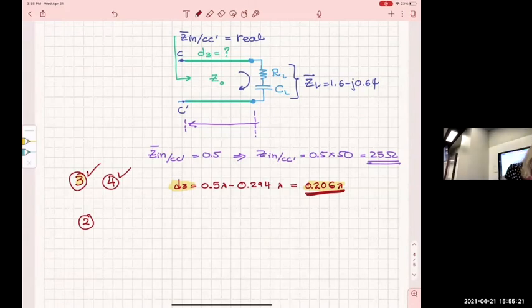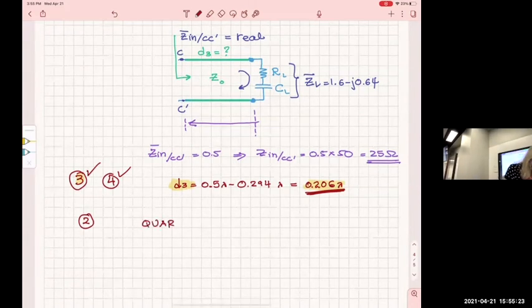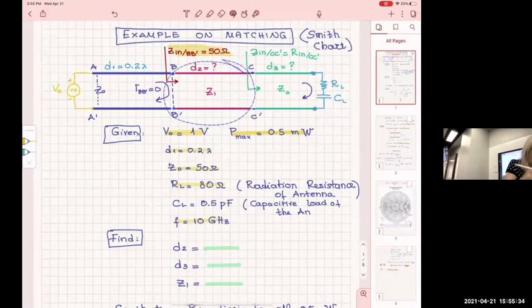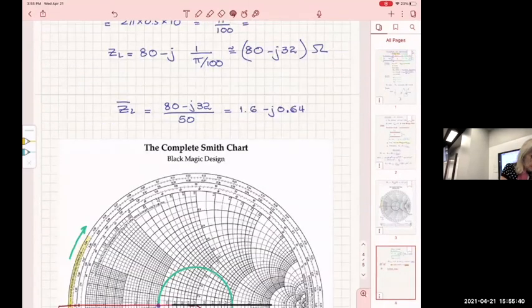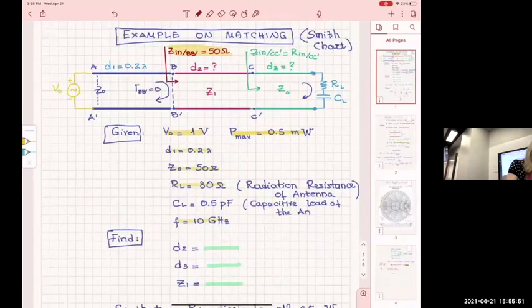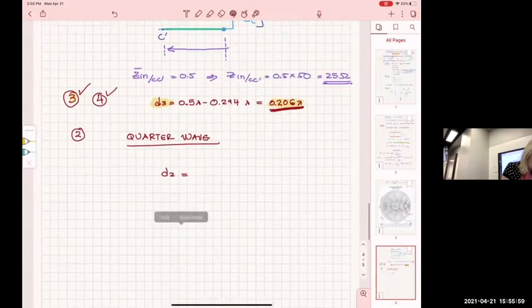All right. So from 2, which is the quarter wave, and just to remind you, this is the line I'm talking about. This line is going to be the quarter wave. So I'm going to go down here and I'm going to have the D2, since this line is quarter wave. In fact, why do I not just take a copy of it here, copy, and go down here and paste.